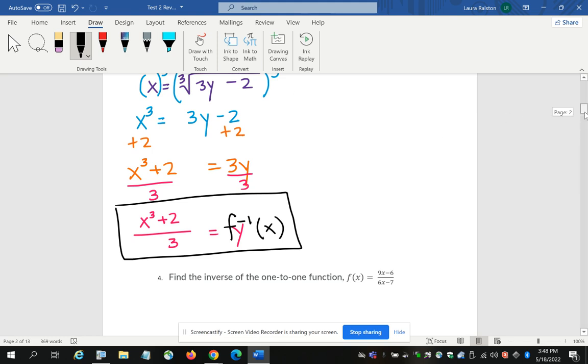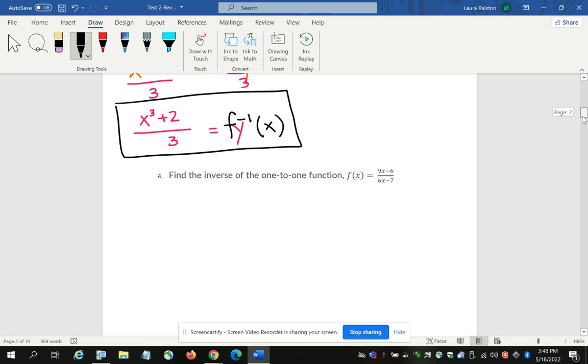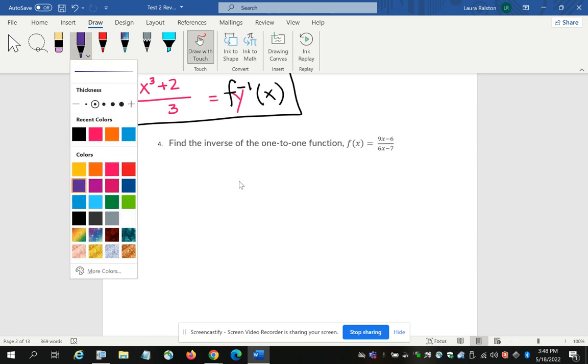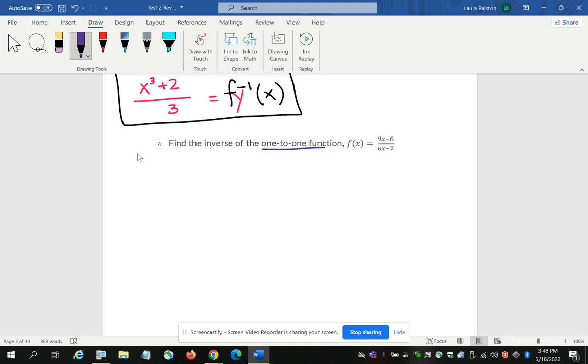Question 4 also asks you to find the inverse of a one-to-one function. So again, it tells you initially that it is a one-to-one function. Remember that f of x is y. So again, following the same steps as before, we're going to interchange x and y.